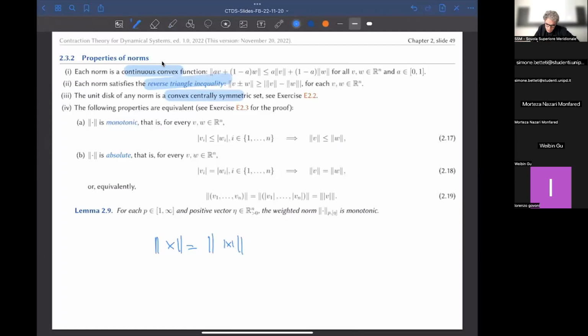So, for example, if you take the 2 norm, or in fact the p norm, the pth root of the sum of the pth powers, p norms are absolute, are monotone, because they just take the absolute value of each entry.